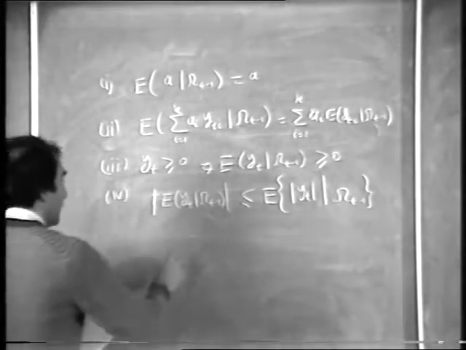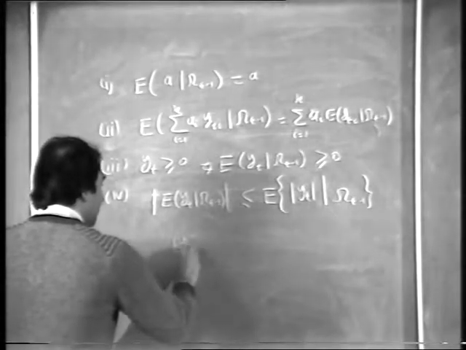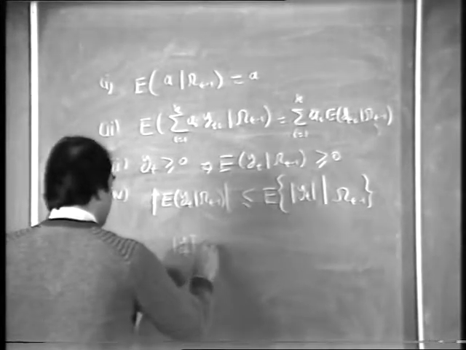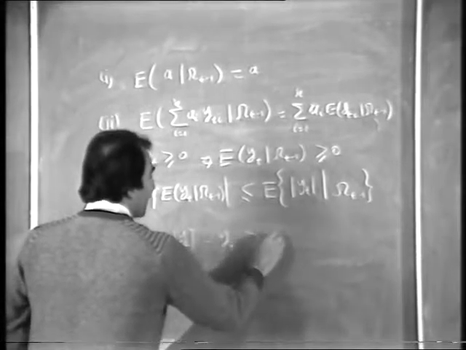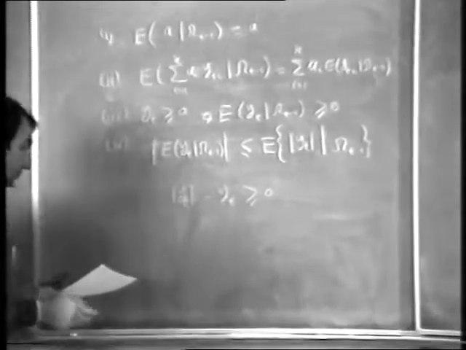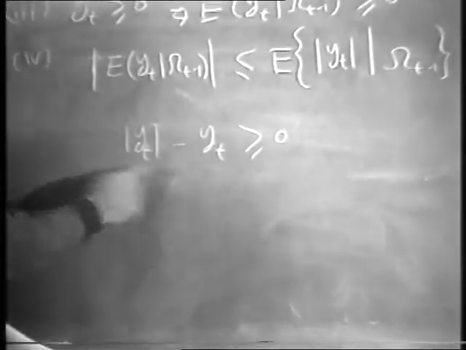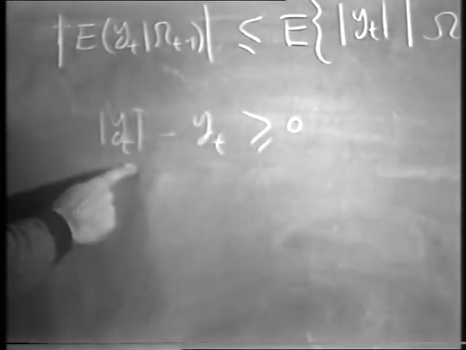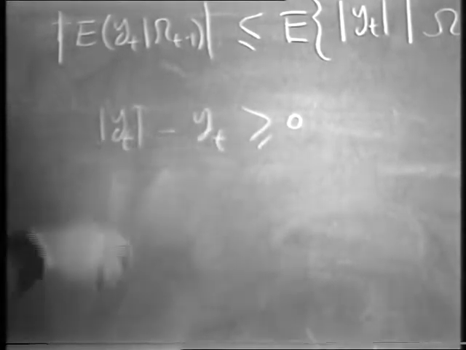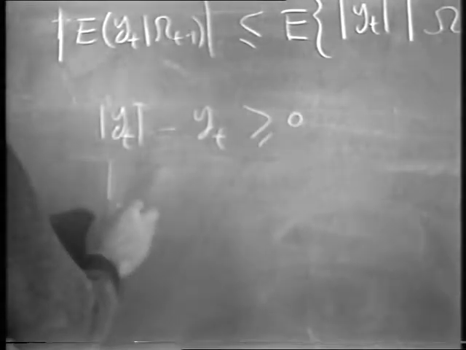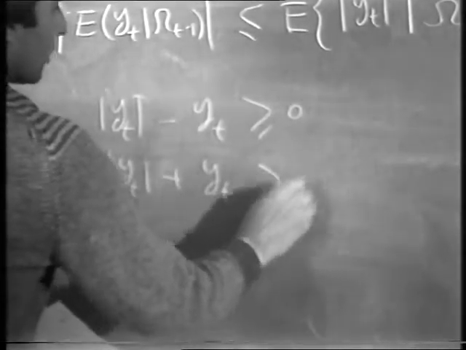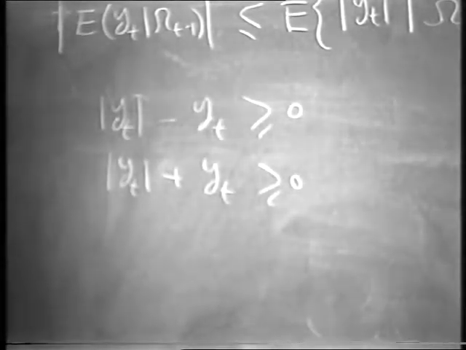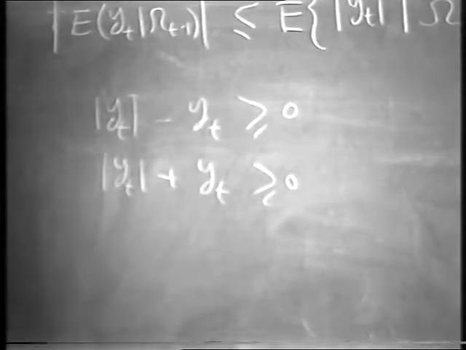Here is the proof. Suppose we have yt; consider the absolute value of yt minus yt. This is always non-negative: either yt is positive, therefore the difference is 0, or if it's negative, the whole of it is positive. We also have that the absolute value of yt plus yt is non-negative, by definition.